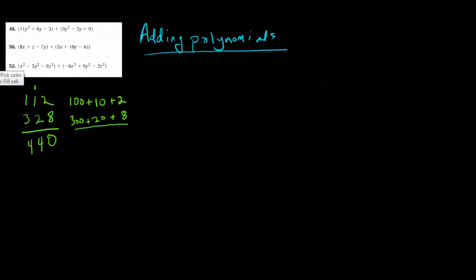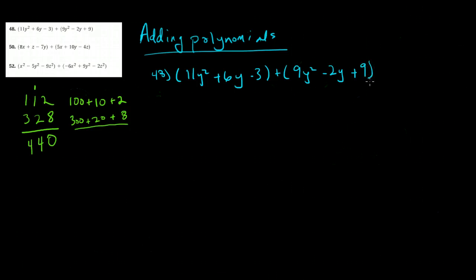If I were to look at the first one, number 48, it says add the quantity 11y squared plus 6y minus 3, and add to that 9y squared minus 2y plus 9.